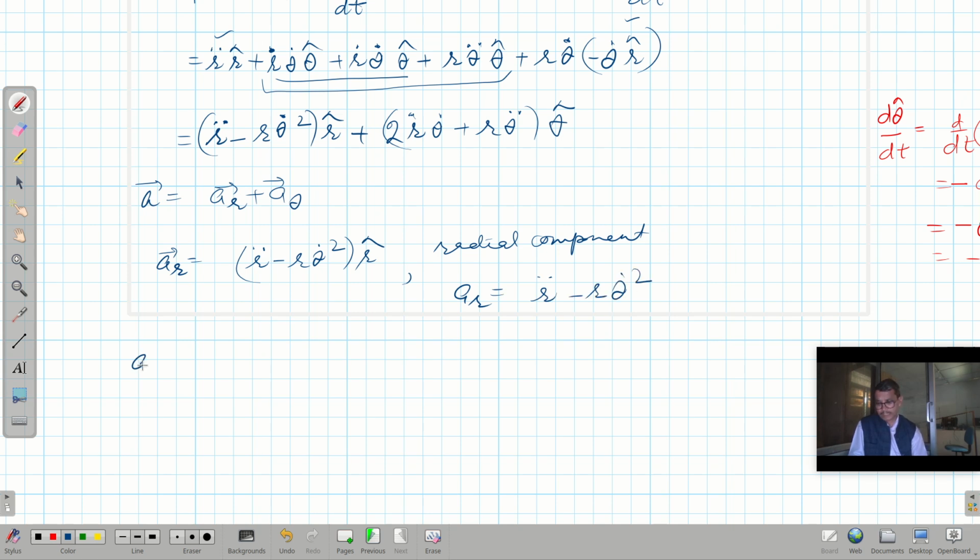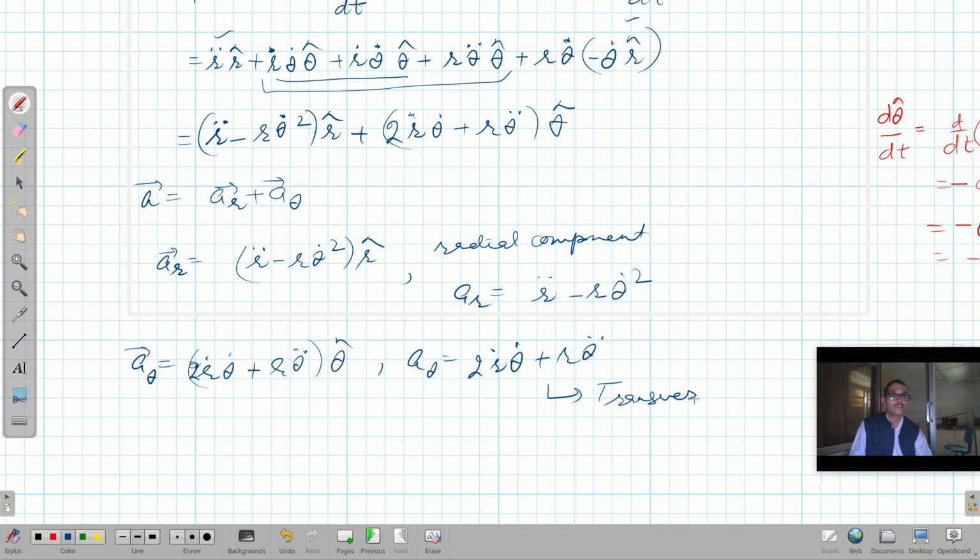Similarly, a_theta is 2 r dot theta dot plus r theta double dot, times theta cap. It is known as the transverse component of acceleration.